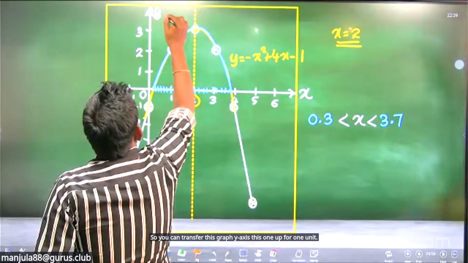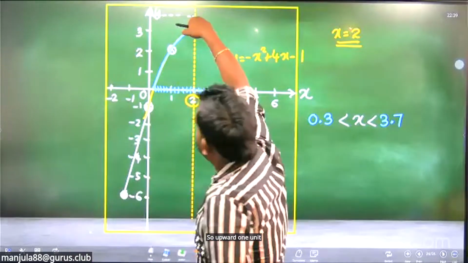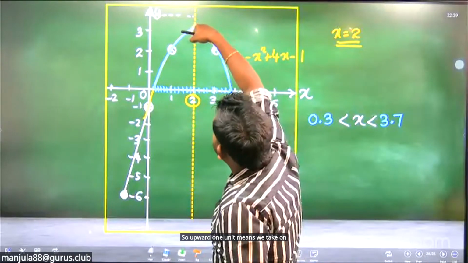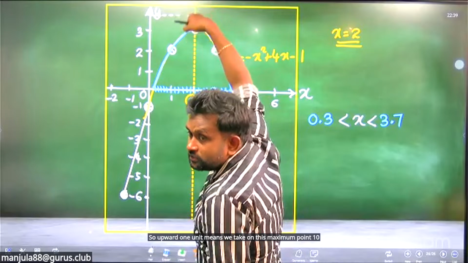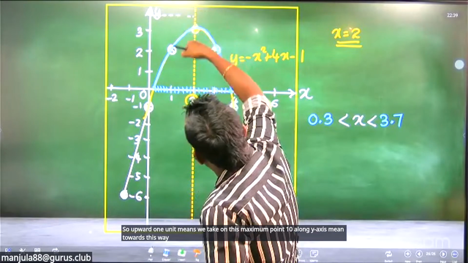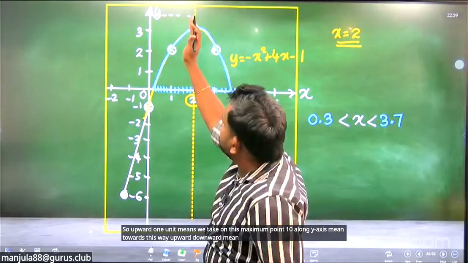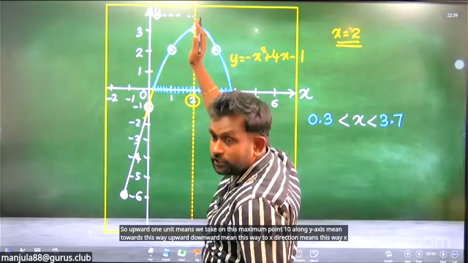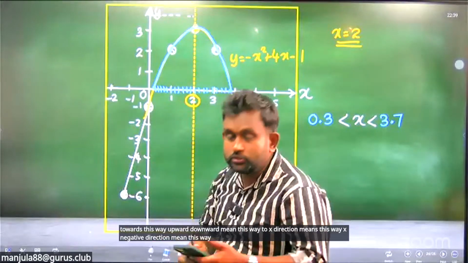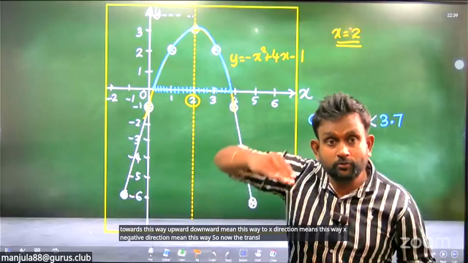Upward and downward mean this way along y; the x direction means this way, the x negative direction means this way. So now the translation is done, upward 1 unit.